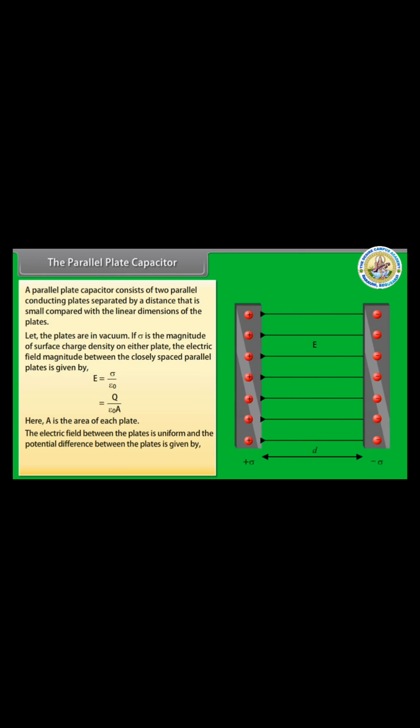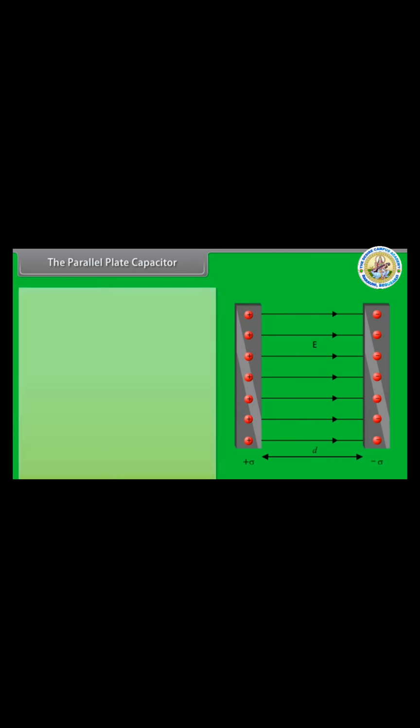The electric field between the plates is uniform and the potential difference between the plates is given by ED, which is equal to QD upon epsilon naught A. Here, D is the distance of separation of plates.